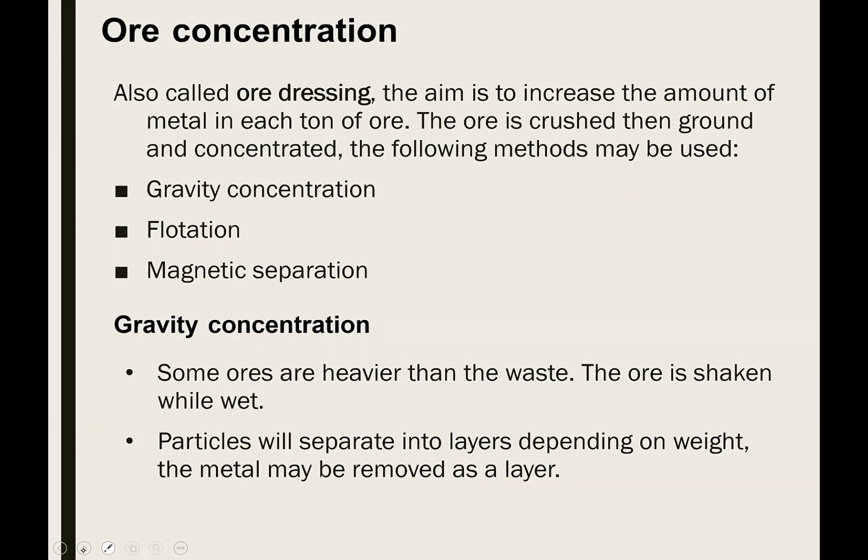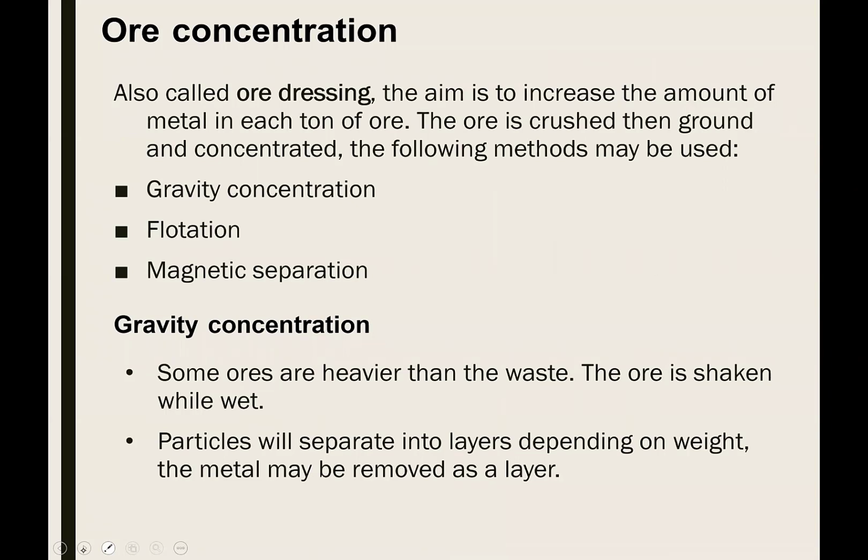And that includes crushing the ore and grinding it, then concentrating the metal by separating it from other components in your ore. Several techniques are used for that separation purpose, including gravity concentration that depends on the different weights of different components of the ore, flotation techniques, and magnetic separation.